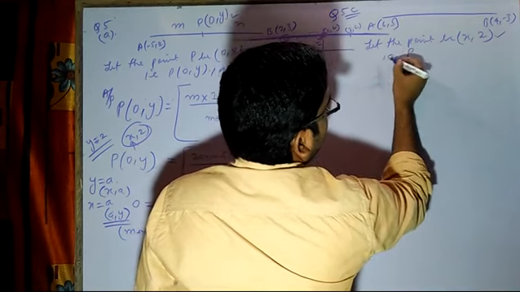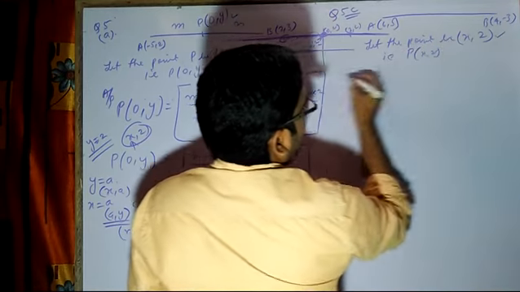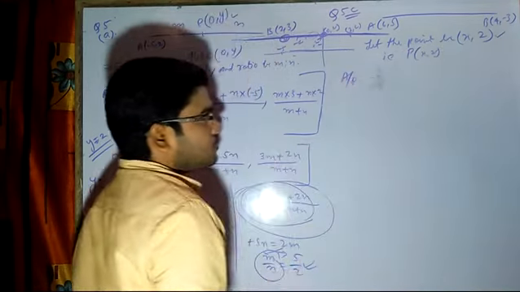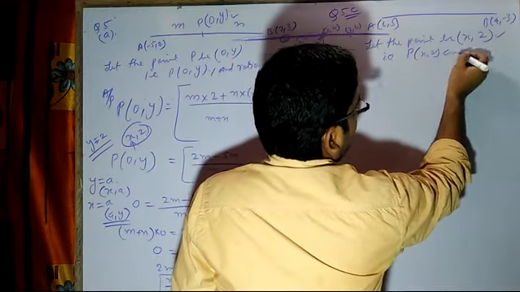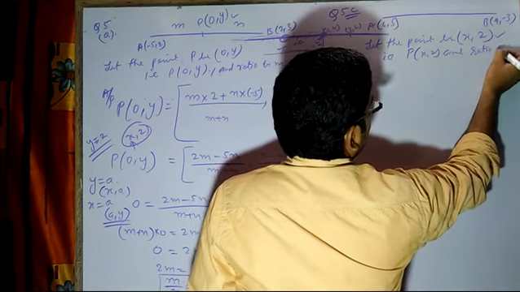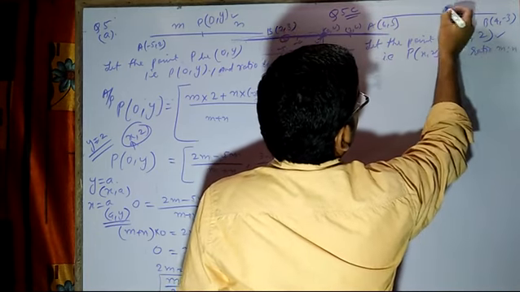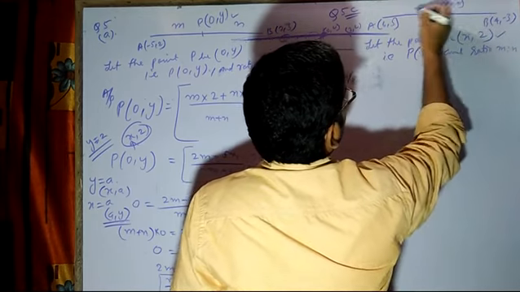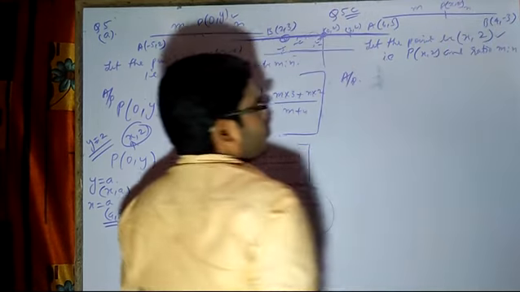That is P x, 2. According to the question, and we also have to write the ratio m is to n. Here I am having P, that is x, 2, and here I am having m is to n ratio.